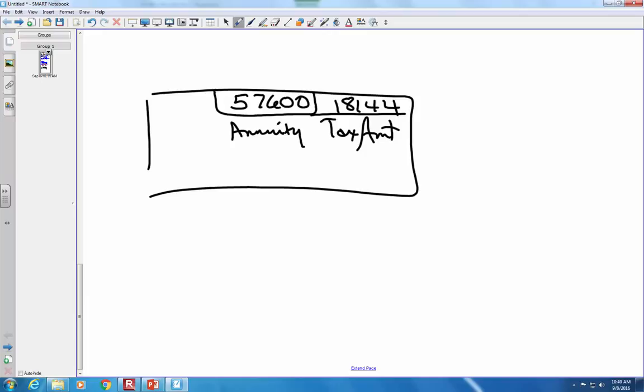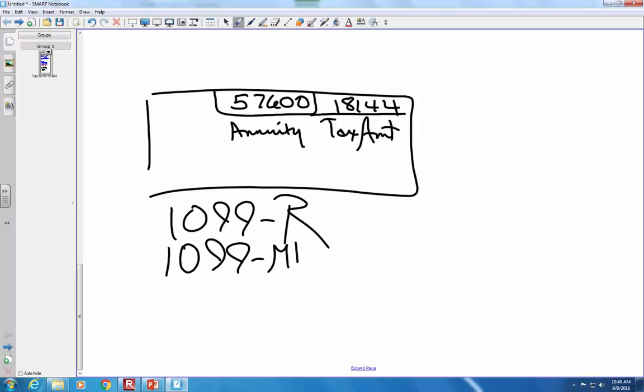And that's called a 1099R. That's exactly what it is. 1099Rs report your pensions, your IRAs, your annuities, your distributions from your 401k. 1099R for retirement, 1099-MISC for prizes, awards, independent contractors.